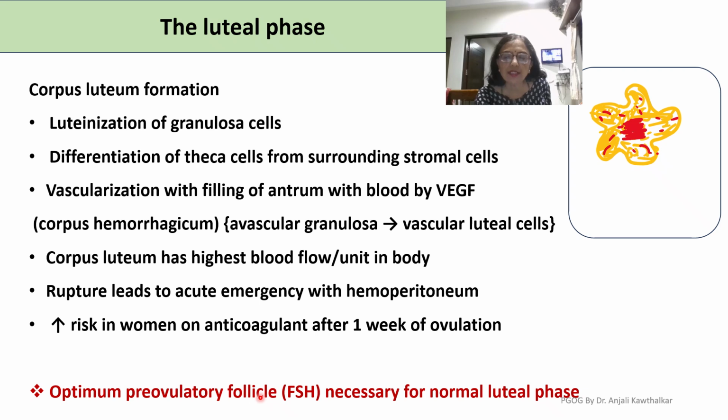How much is the granulosa cell proliferation? If that is optimum, then only the corpus luteal function is normal. So follicular development decides whether the corpus luteum will have a normal function with production of adequate hormones, or inadequate corpus luteal activity.